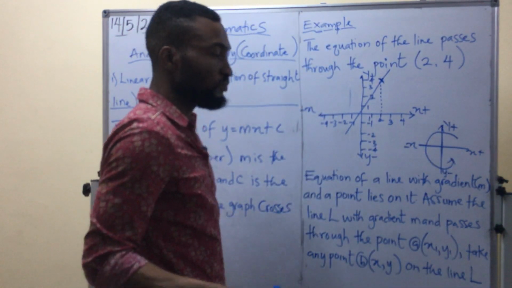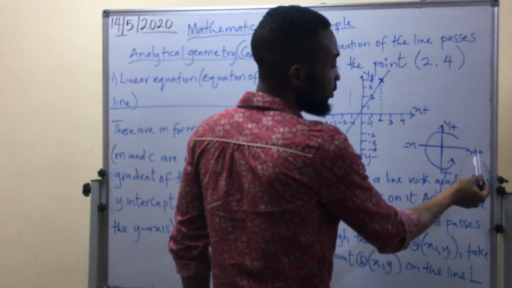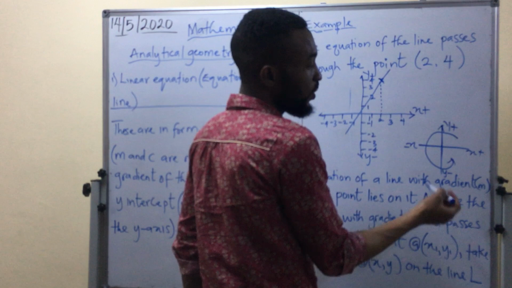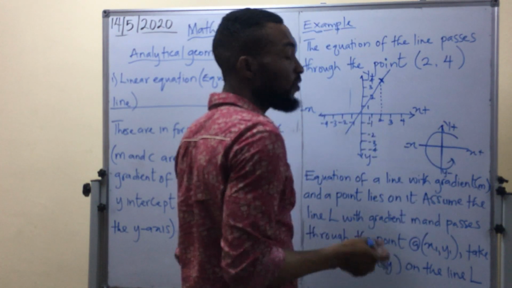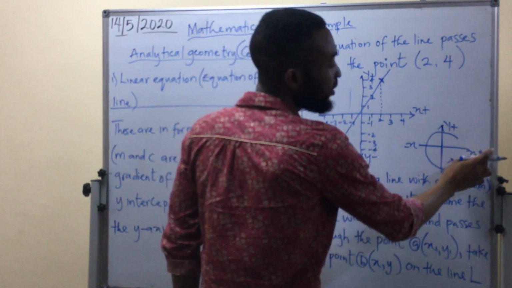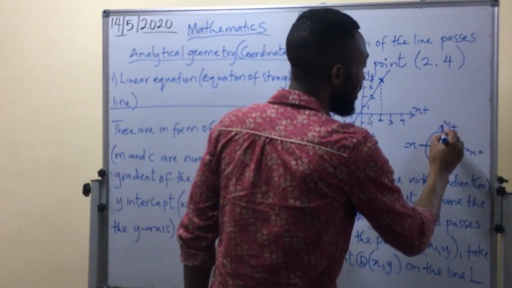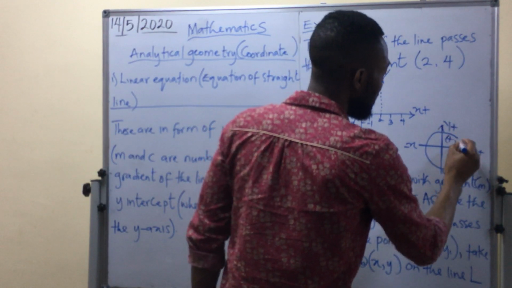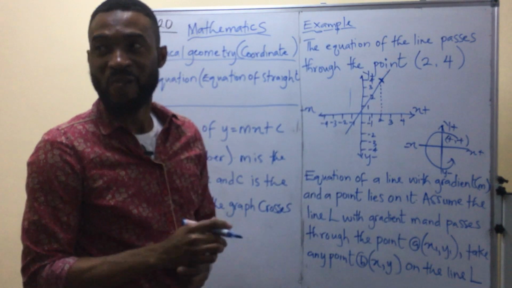Now, if you look here, our value for x is positive here. So the value for x will come first, and the one for y will follow. x is positive here, and our y is also positive at the same time. We have plus plus.